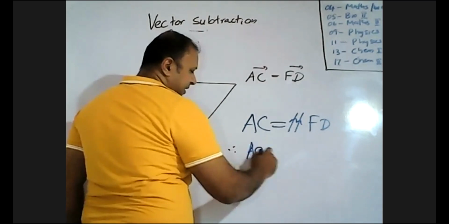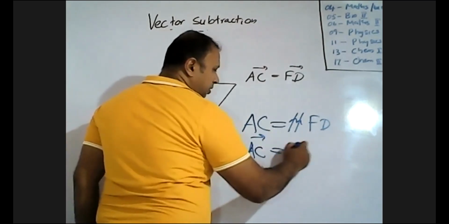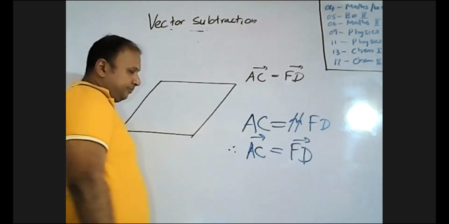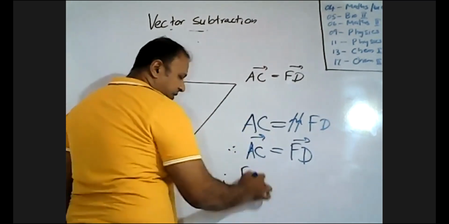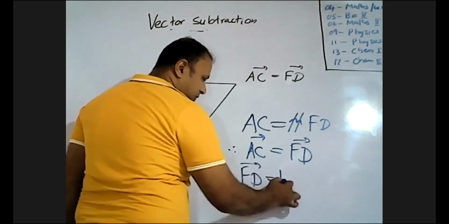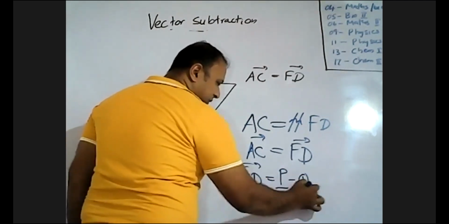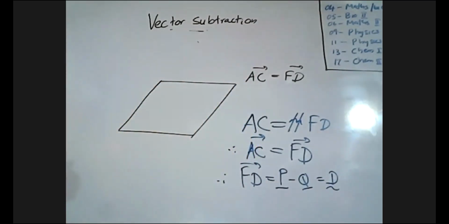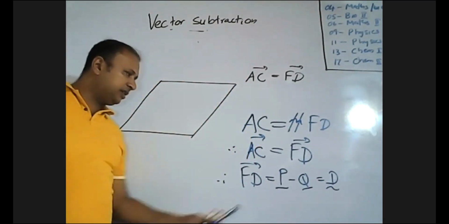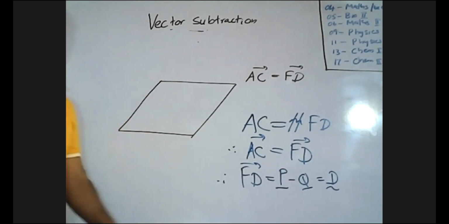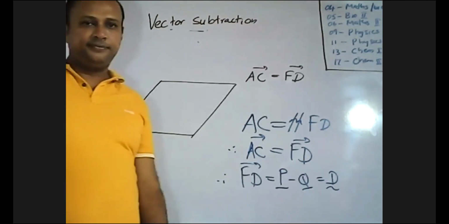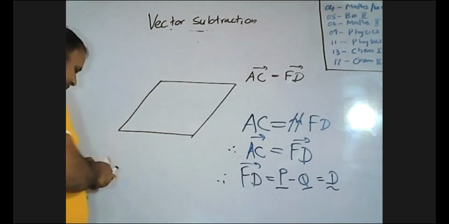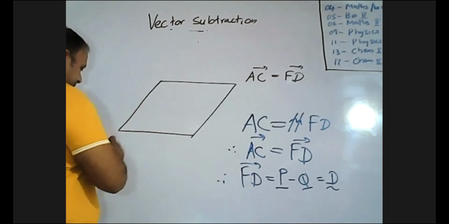Therefore, AC vector is equal to FD vector. Therefore, FD vector is equal to P minus Q. That means FD vector represents the difference vector. Try this one.